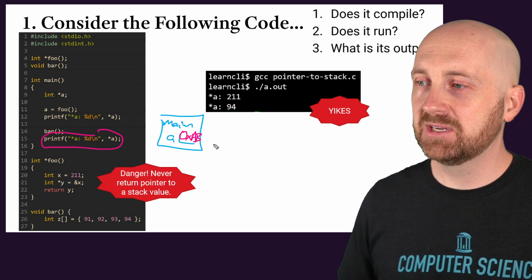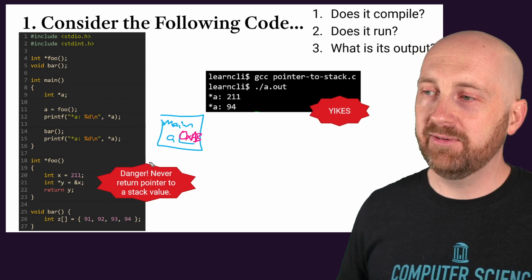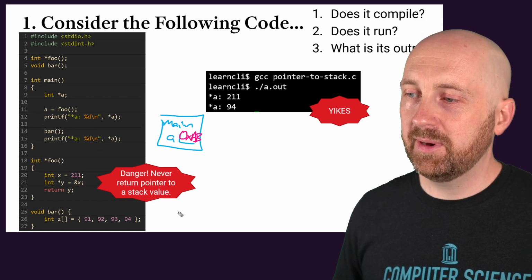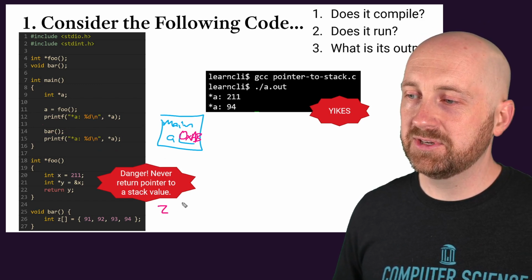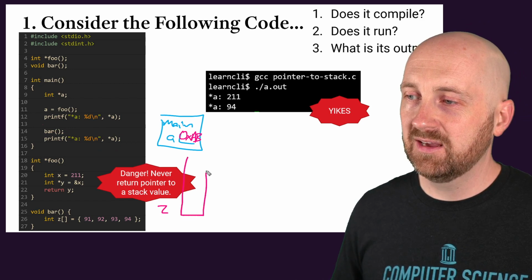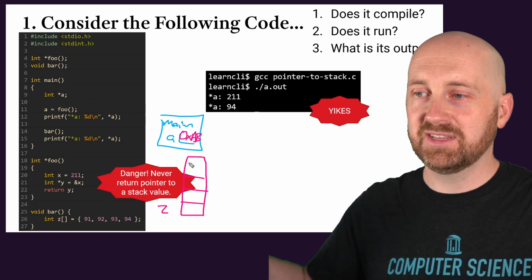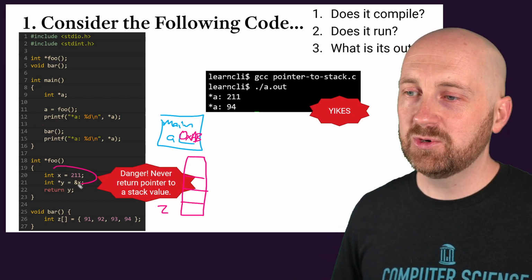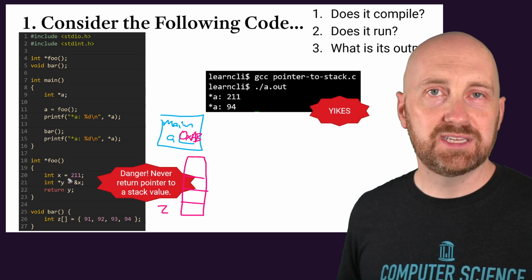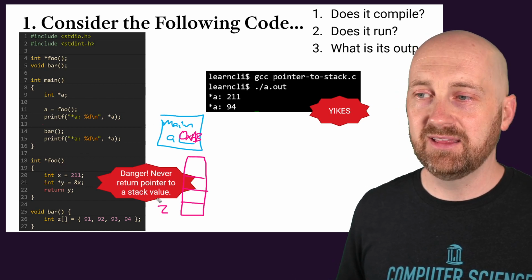It turns out, and if we wanted to think about why, just very briefly, remember if Z's lowest address is for index 0 at the bottom, then its last address is going to be the one closest to the top of the frame, which would have also been where, just by coincidence, X was allocated in the foo frame.